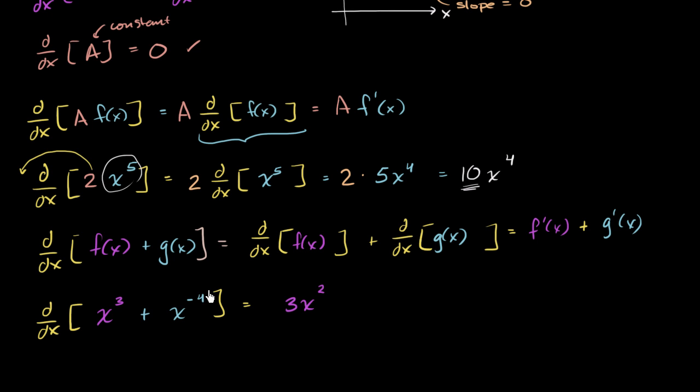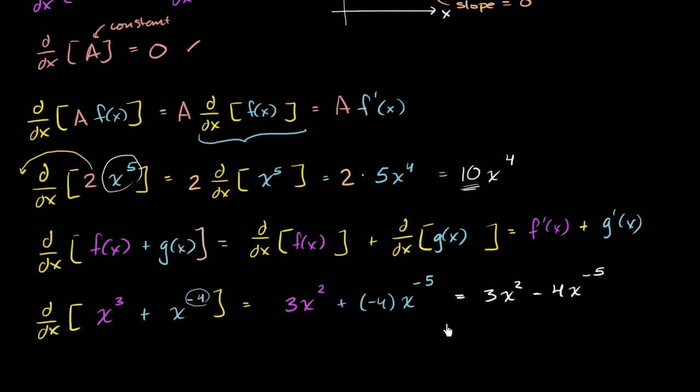And to that, we can add the derivative of this thing right over here. So it's going to be plus negative 4 times x to the negative 4 minus 1, or x to the negative 5 power. So this is going to be equal to 3x squared minus 4x to the negative 5.